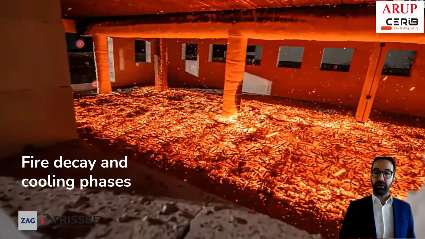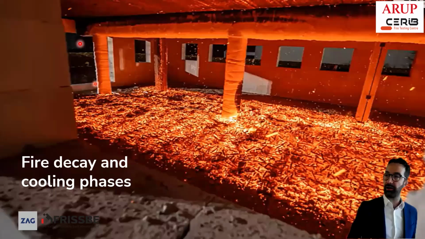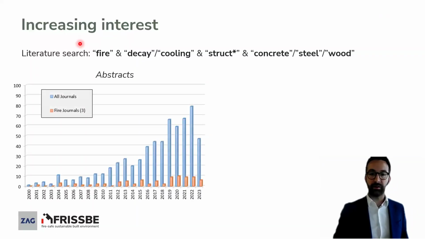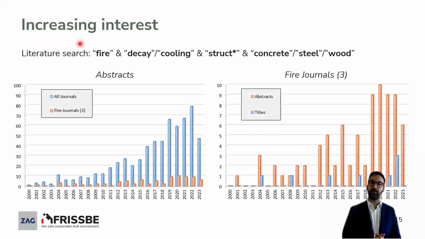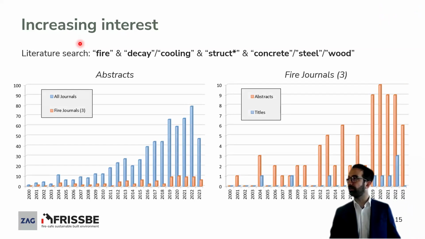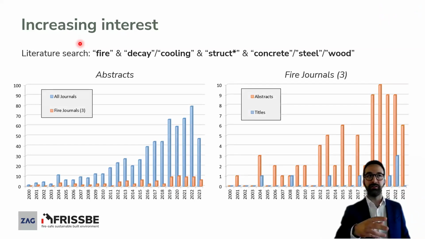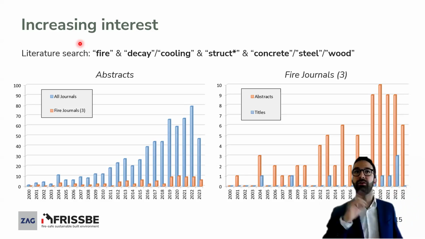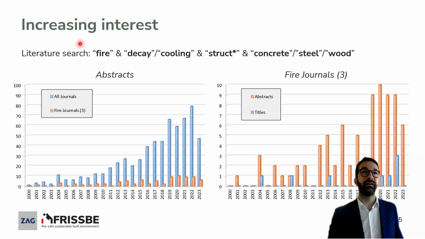So first, I'm going to go through the fire dynamic aspects of these phases, because 2 years ago, I was discussing with different collaborators and we started seeing that if you put on any search engine for scientific publication fire, decay, cooling, structure, concrete, steel, wood, anything related to structural engineering and main construction material, you see more and more papers published related to this topic, with those keywords in the abstract or in the titles.